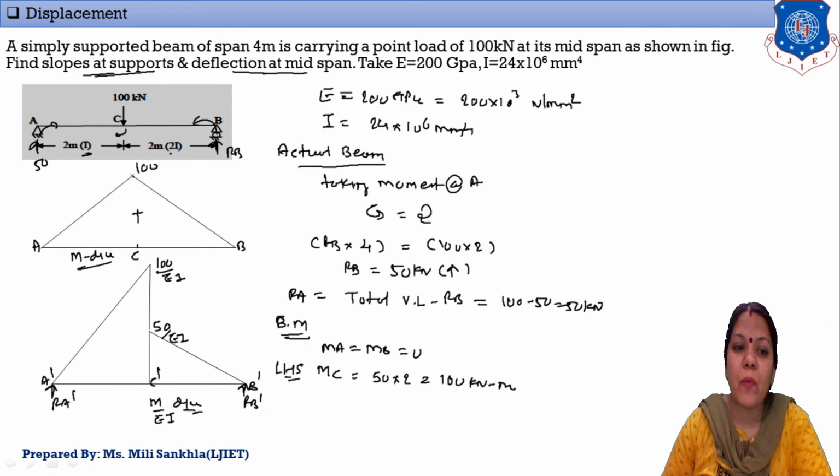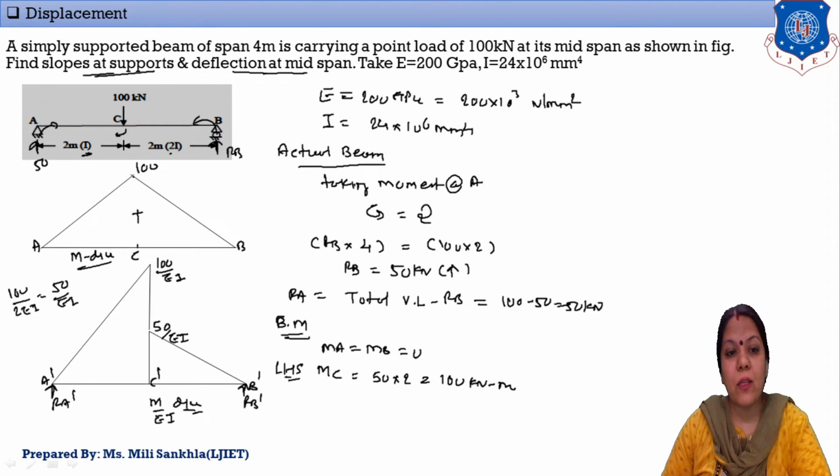The value of 100 by 2EI is equal to 50 by EI. Understand? This overall diagram is positive, so mention here positive, and our forces are in the downward direction.